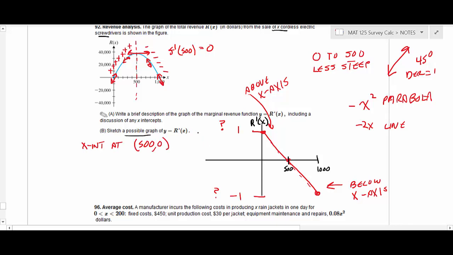And the other thing is there's a couple of things you could say. You could say the derivative, or the marginal revenue, decreases from 0 to 1,000. So your rate is changing. Okay, so you could write something like that.